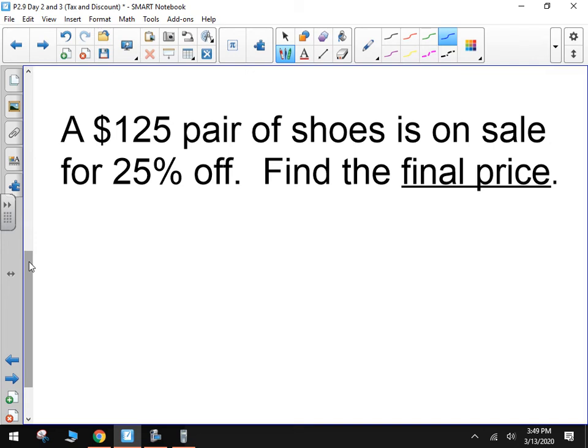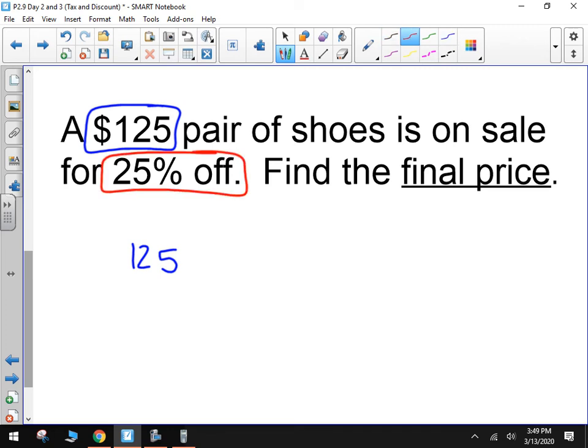And because this says it's on sale for 25% off, that's a discount. When I go up to the register, it's going to be cheaper because I'm not going to pay that 25%. So that means since it says off, I think discount, which means I have to subtract, and I put the price up.